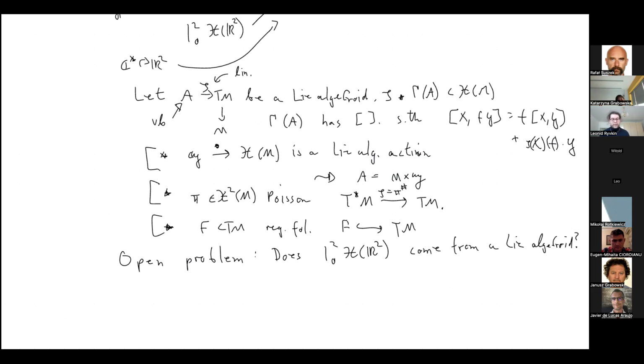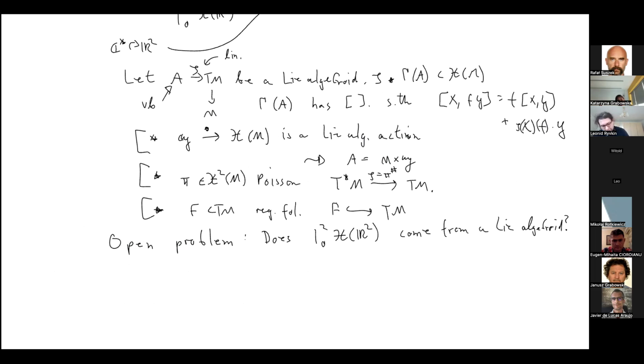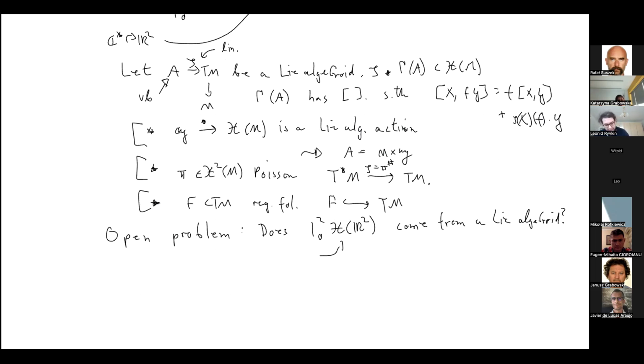I think it is proven that it cannot come from a 6-dimensional one, but maybe the argument also works to say it's not a 7-dimensional one, but we don't know if there might be an 8-dimensional one generating it. Maybe I'll write down why the number 6 turns up. The generators of the vector fields are x squared dx, xy dx, y squared dx, and the same things with dy.